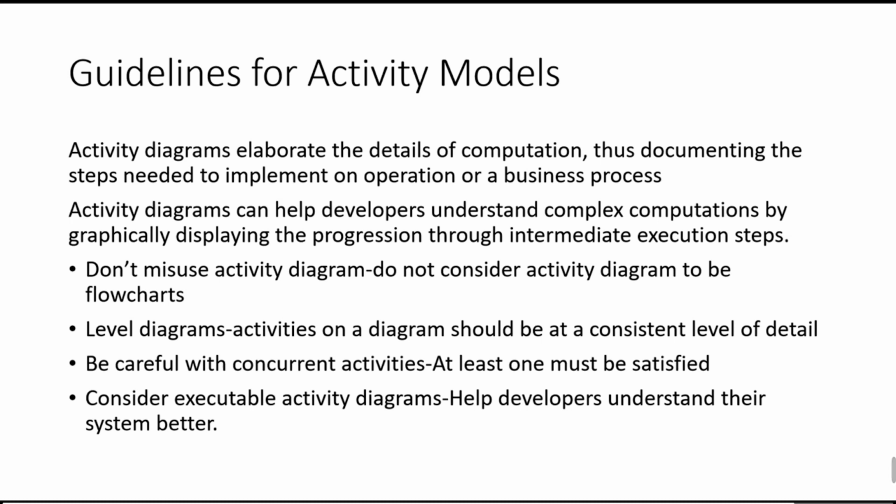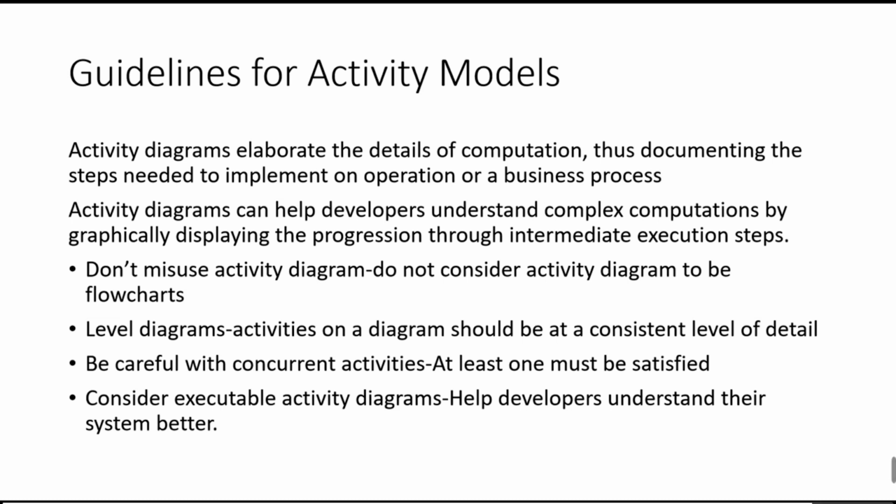If in the concurrent activity there are conditions, we must guarantee that at least one branch or one condition is satisfied, and it's recommended that we use the else condition. It means that when none of the conditions are satisfied, then the else will be satisfied.